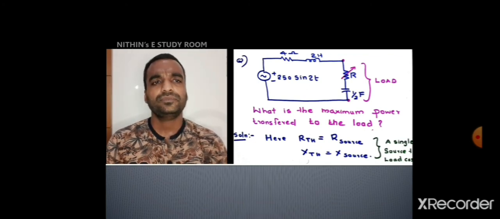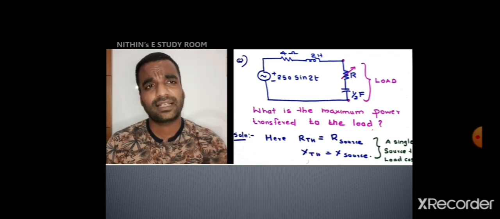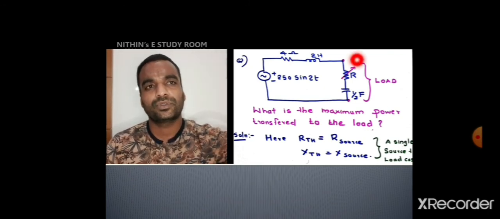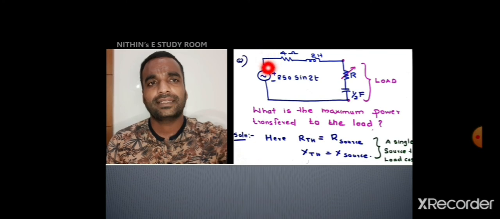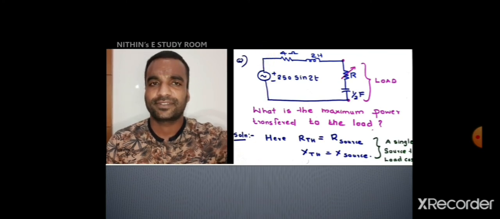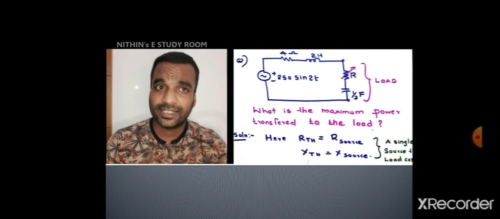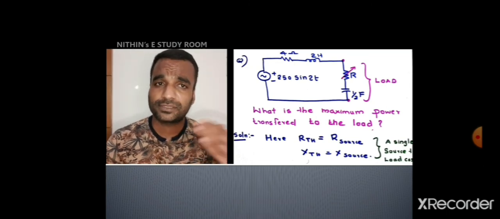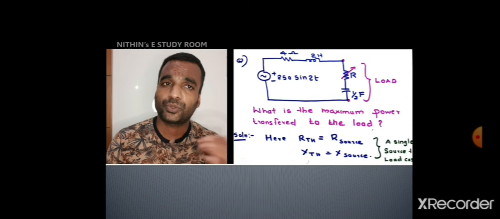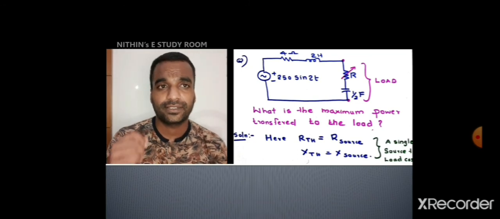Even if you calculate it, you will get the same result, because you remove the load branch, short the voltage source, and check the ZThevenin. That will be the same as marked in the figure. That will be 4 ohm as RThevenin, and 2 henry as XThevenin.